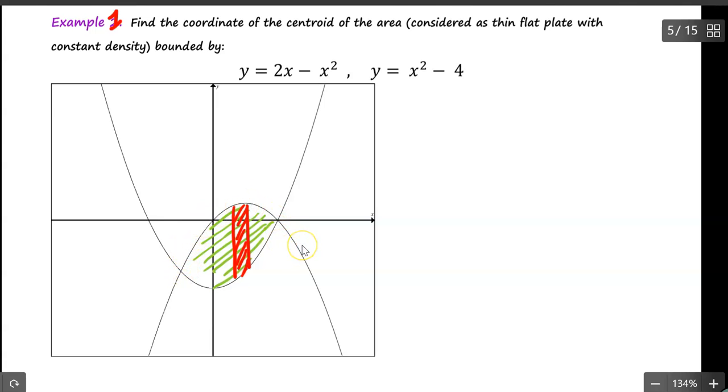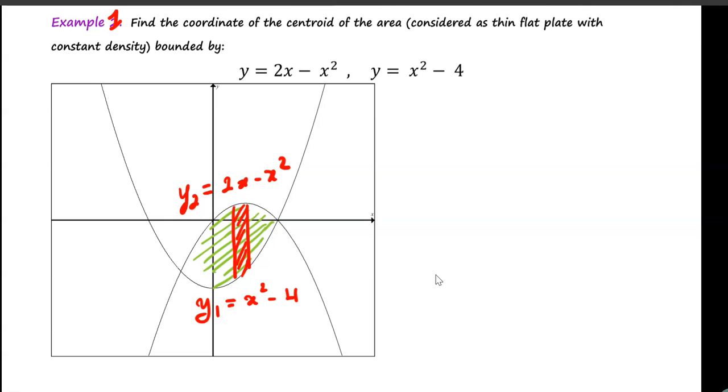That's why we have to shade the area to realize which one is the upper function. So my y2 is equal to 2x minus x squared. The negative in front of the x squared identifies that this parabola opens down. The other one, the parabola that opens up, is my y1, so y1 is equal to x squared minus 4.